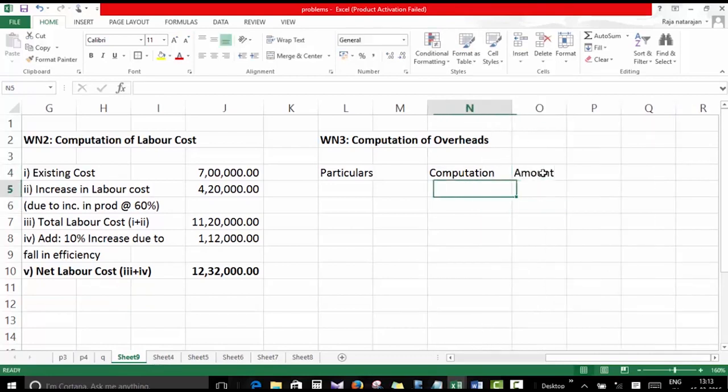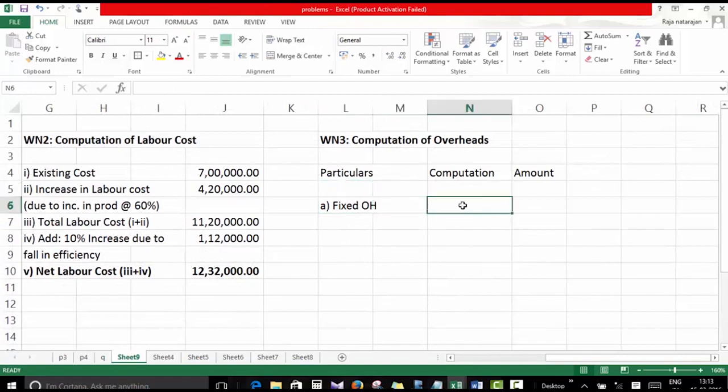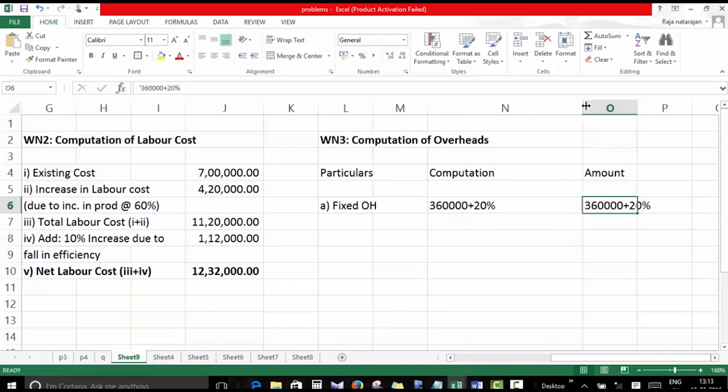So in particulars, first, fixed overheads. What is the amount for fixed overhead? It is 3,60,000, but that will increase by 20%. So here it is going to be 3,60,000 plus 20%.